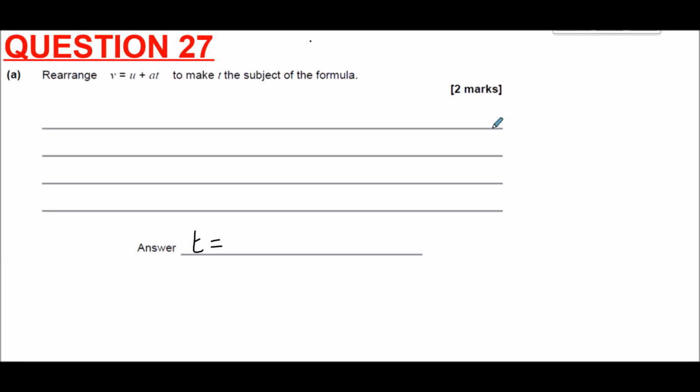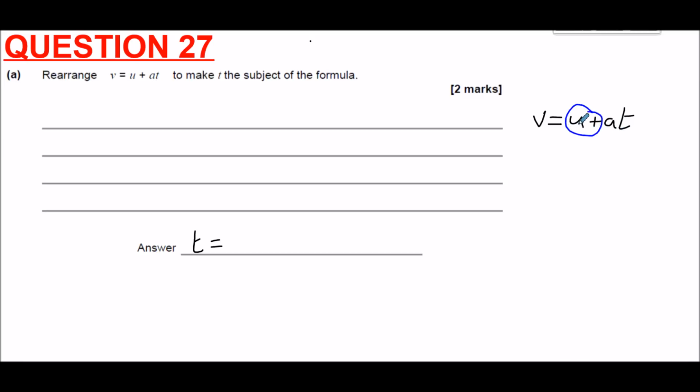So I'm going to do this a couple of different ways. The first way I'm going to do is over here. So you can treat this as solving an equation really, but just trying to get t on its own. And so what we could do is move this u away. So just got at on its own on the right hand side of v equals.